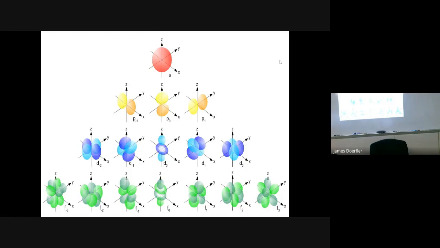So again, we start off very simple with our s orbital, and we get pretty complicated and complex the further down the periodic table we get.